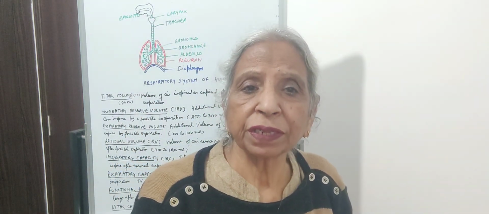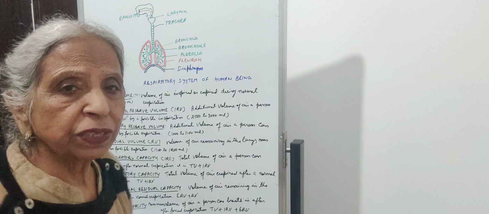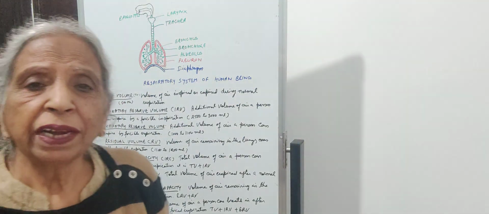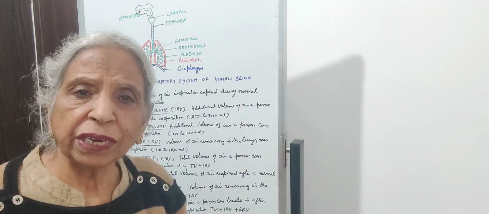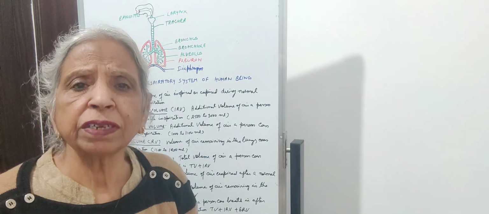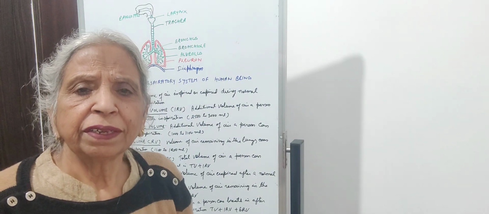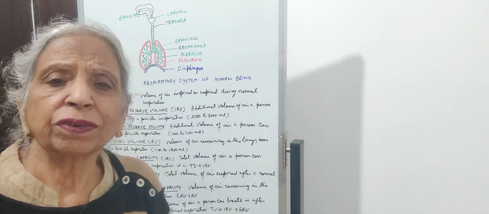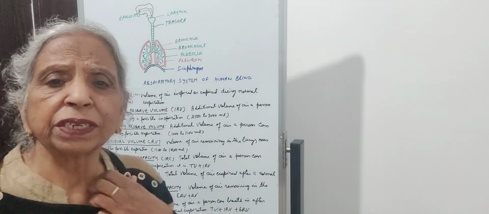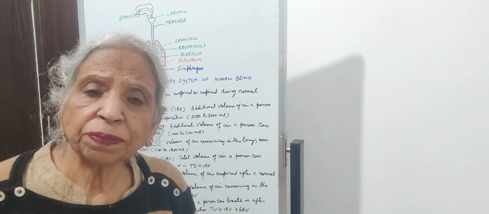So today we will discuss respiration in the case of human being. Respiration in human being takes place through the nostrils. These nostrils are present on the upper lip, and many organs collectively take part in respiration. Some organs conduct oxygen in and carbon dioxide out, and they are called the conducting part.